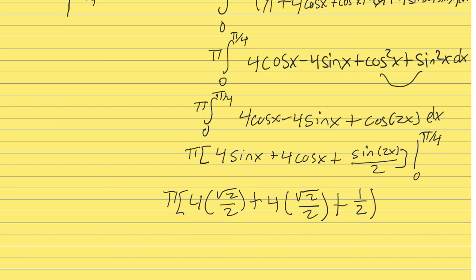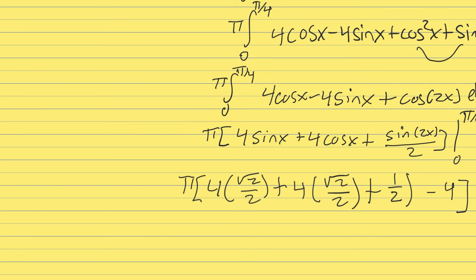And now the only thing on the other side that we need to worry about is, so sine gives us 0 at 0, cosine gives us 1 at 0, which would be 4. It's on the other side, so we're subtracting it. Minus 4, and sine of 0 over 2 is also 0, so I can just take away that parenthesis, and just leave it like this.